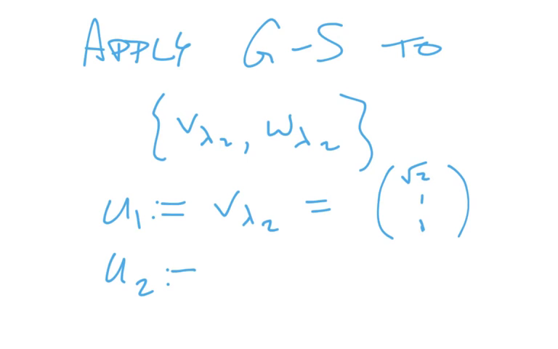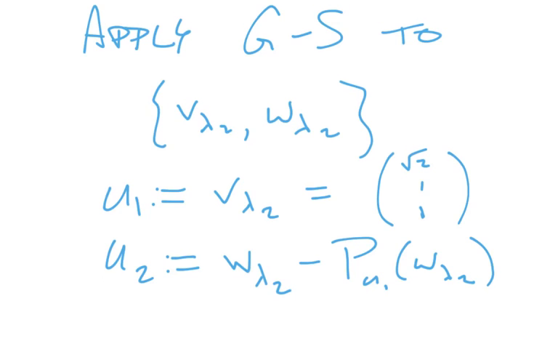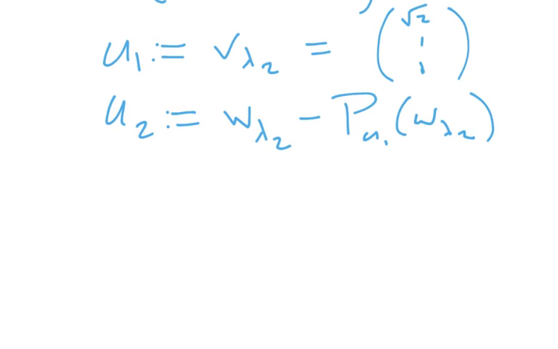And U2, we take to be the second vector, which is w lambda 2, minus the projection onto, mixing my notation here, onto U1, which is v lambda 2, of w lambda 2. This is how Gram-Schmidt works.